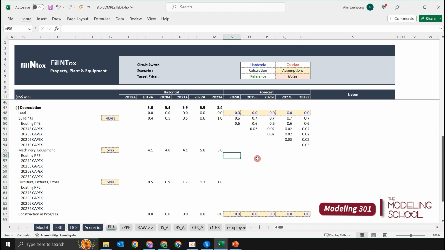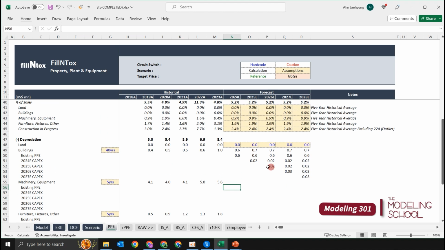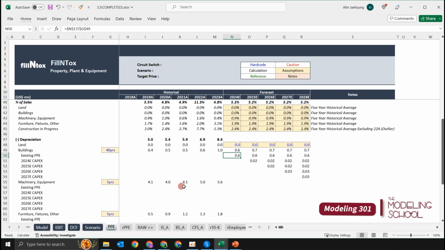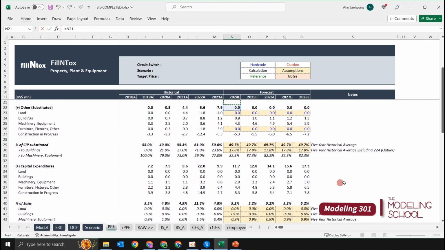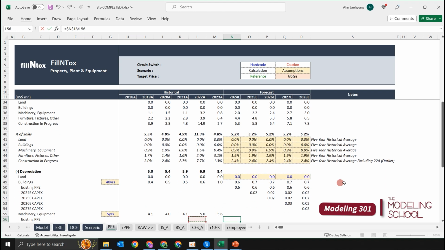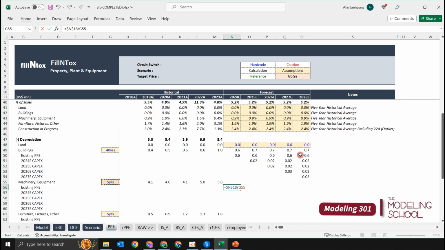Probably a quicker way to do this is, for existing PPE, we're going to do pretty much the same. So for existing PPE, we've just simply divided the beginning balance by useful life. So we're going to do the same for existing PPE: machinery and equipment beginning balance, F4, divided by useful life, F4.